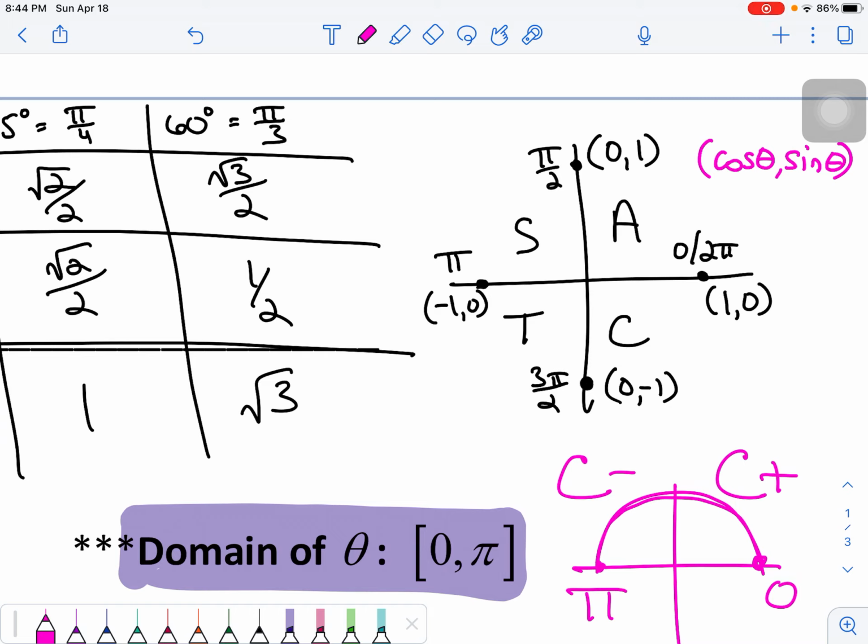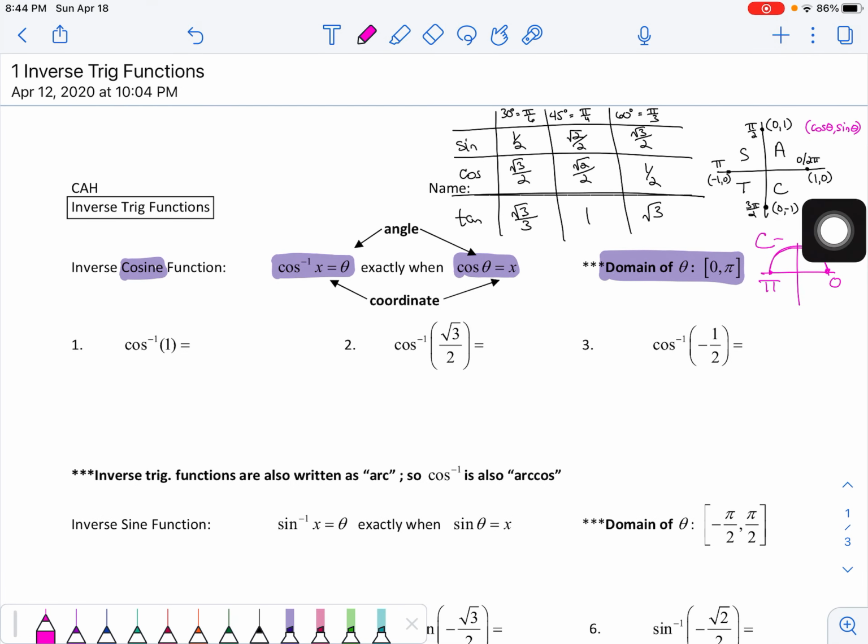So what I'm looking for is where is cosine, this x value, equal to 1? And it's right here at either 0 or 2 pi. Now, 2 pi is not part of my domain, so the only possible answer is 0. So the inverse cosine of 1 is 0.